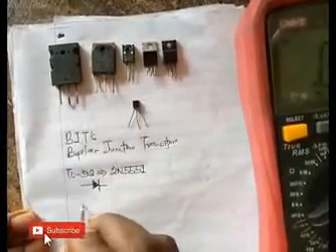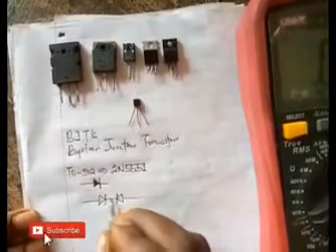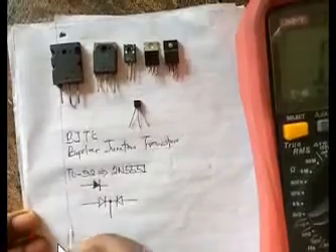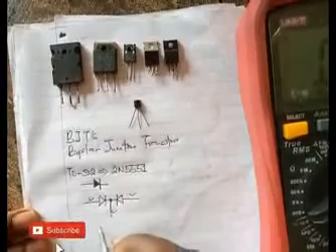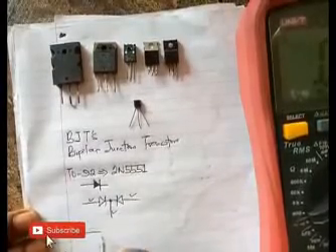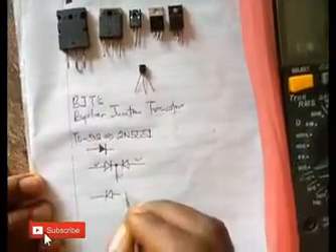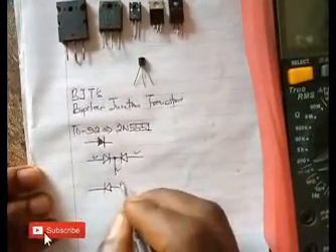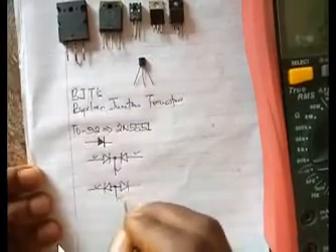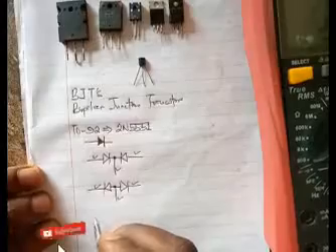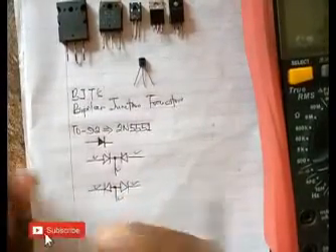If I decide that I want to put another one like this, and then I tap out this center, this is one terminal, this is another terminal, and this is another terminal. Also I can decide to arrange it this way, such that this is like this. You see that this is one terminal, this is another terminal, and this is another one. Okay, so you see that it's more like two diodes arranged back to back.